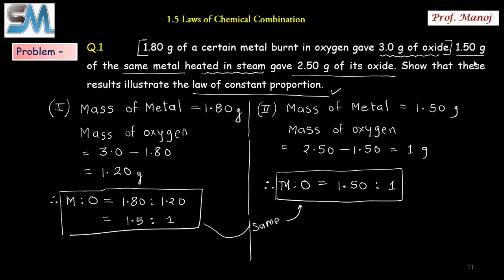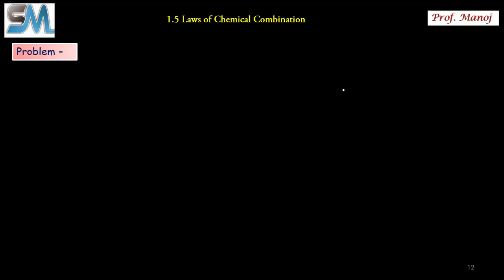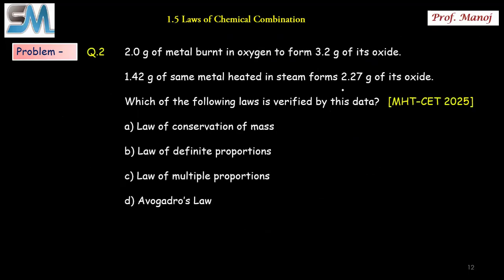So after performing this, let us take up some more questions about this. This was a question asked in the 2025 MHT CET exam. Understand the thing. 2 gram of a metal burnt in oxygen forms 3.2 gram of oxide. So if you can understand the kind of calculations we did earlier, and if you apply them right away, my case number 1 is metal amount 2 gram.